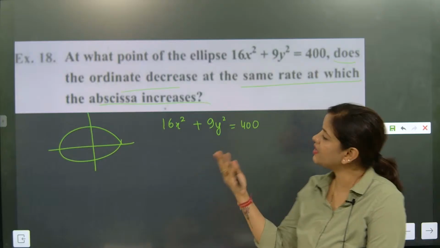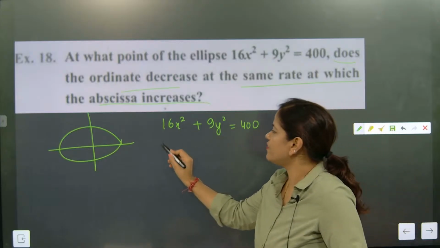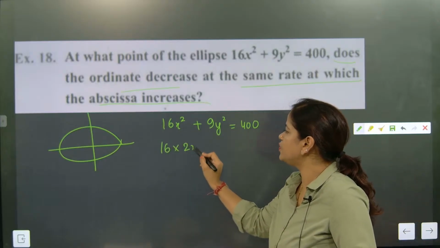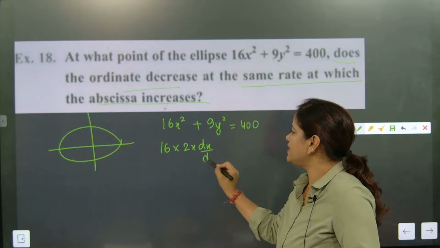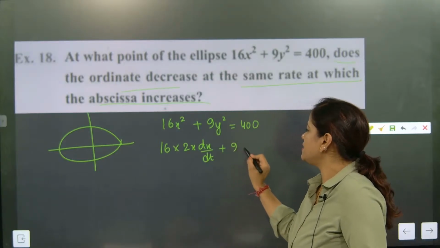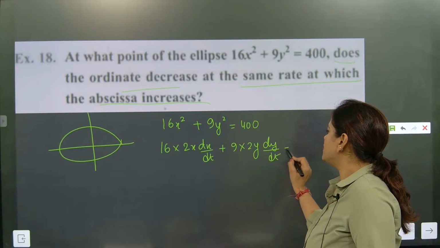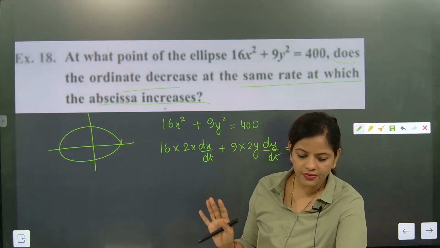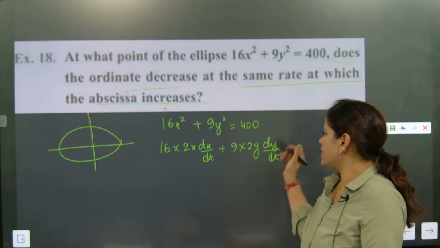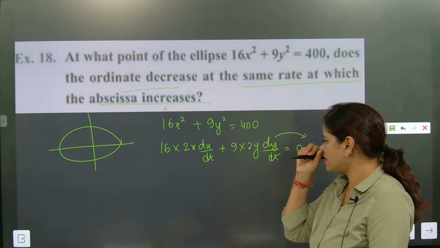Now we are going to first differentiate it. When we differentiate, it becomes 16 into 2x dx by dt, plus 9 into 2y dy by dt equal to 0. Till here done. Now we are going to shift this term to this side.